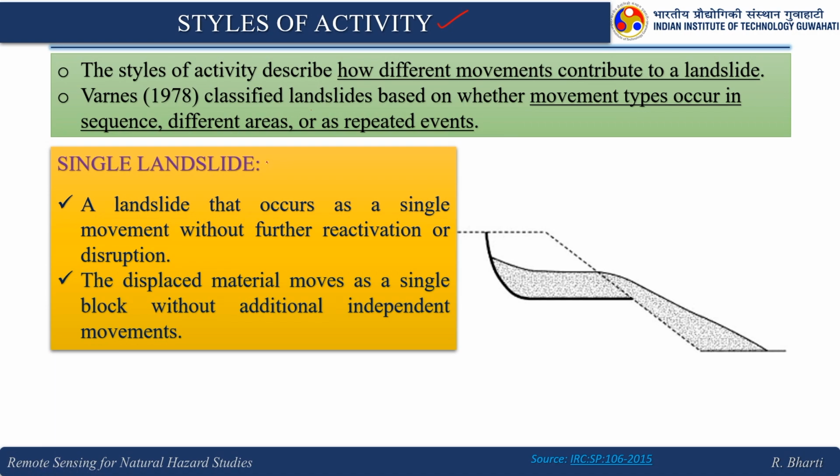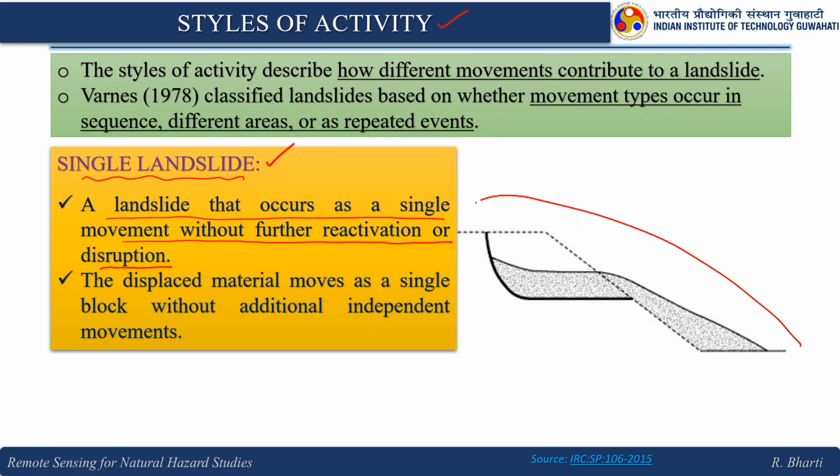So, when we talk about the first case, here we have single landslide. A landslide that occurs as a single movement without further reactivation or disruption, right. So, this is one. The displaced material moves as a single block without additional independent movement, right.